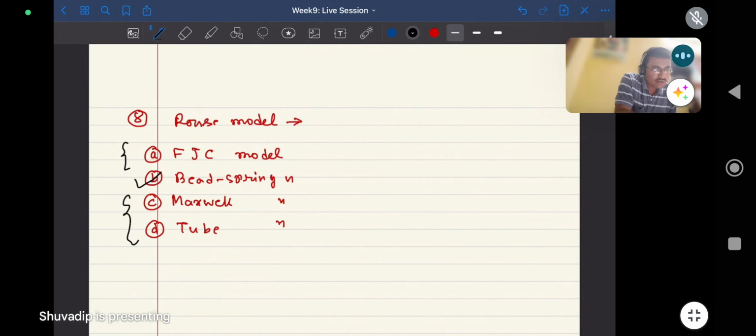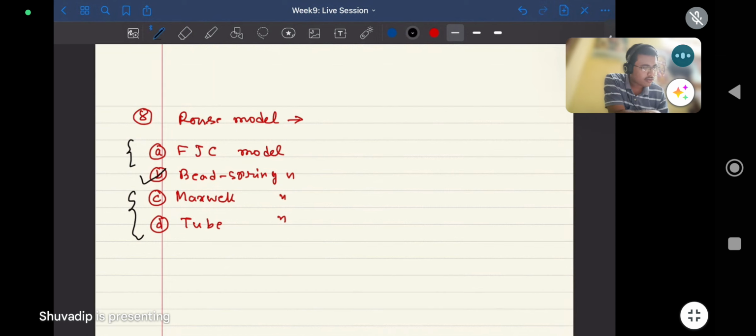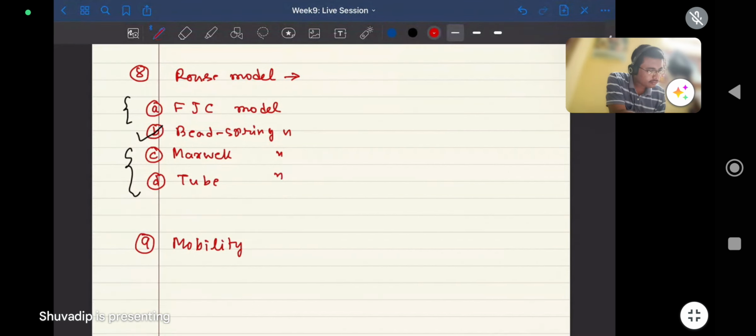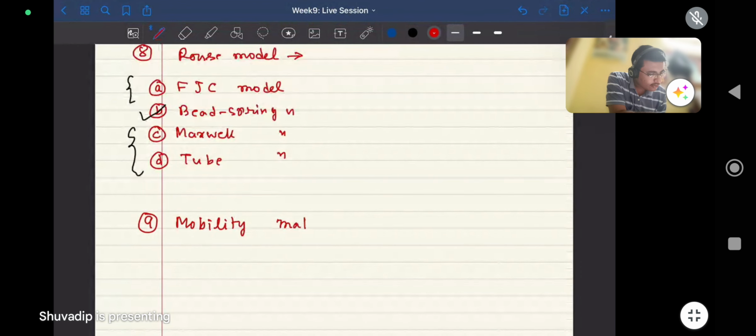One more: the mobility matrix. In the last part of this module, the mobility matrix is discussed. The actual usage and importance of the mobility matrix will come in the next module only.